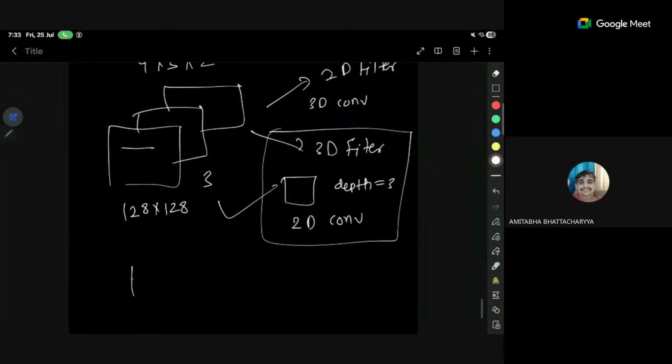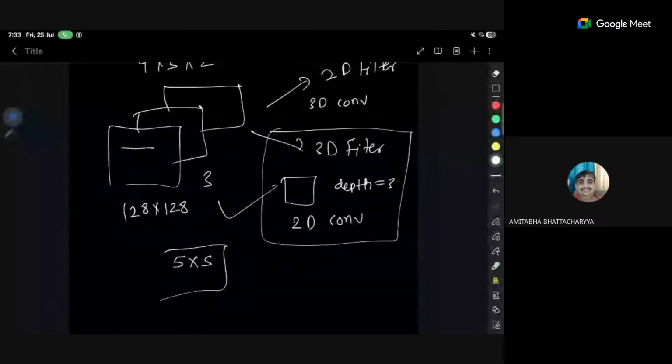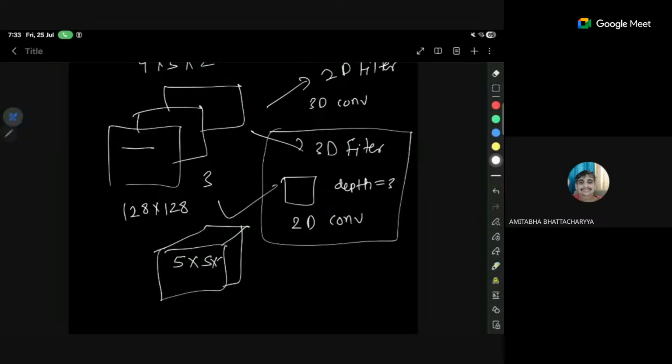So now we have this 3 cross 3, and let's say my filter is 5 cross 5. That is this 2D matrix. It will have a depth of 3 also. So it will be 5 cross 5 cross 3, because 3 is coming from here.